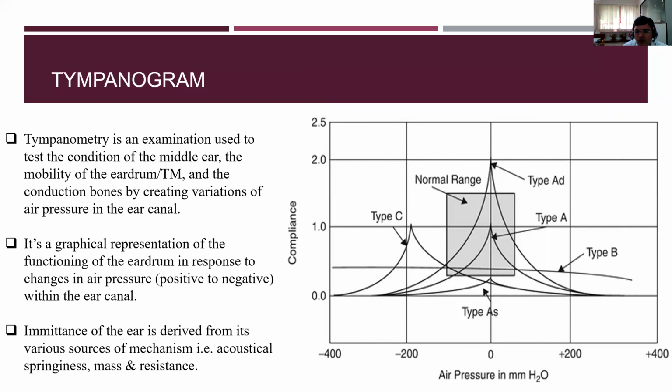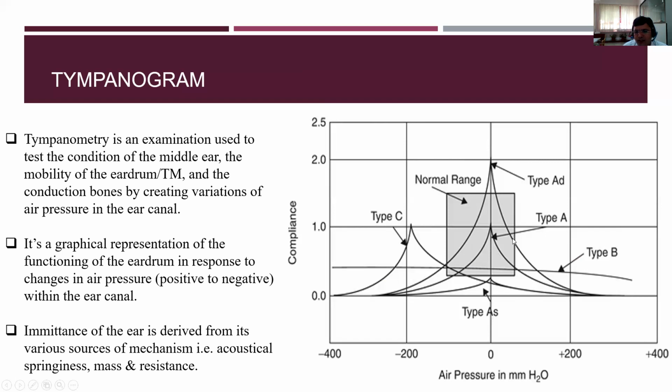So you get to know how the tympanic membrane mobility is. Is it hypermobile? Is it hypomobile? As well as you get to know whether the ear ossicles functioning is affected or it is intact, with the help of these graphical representations.